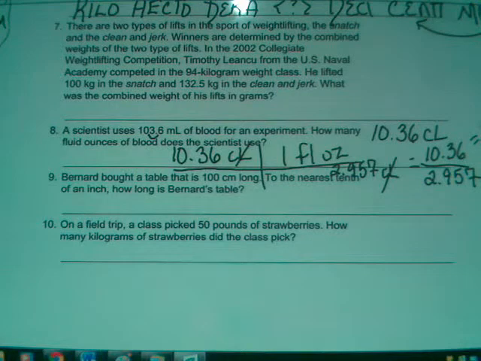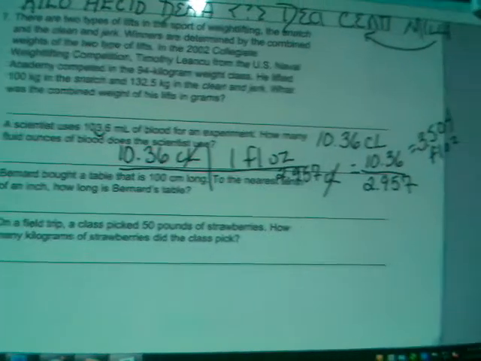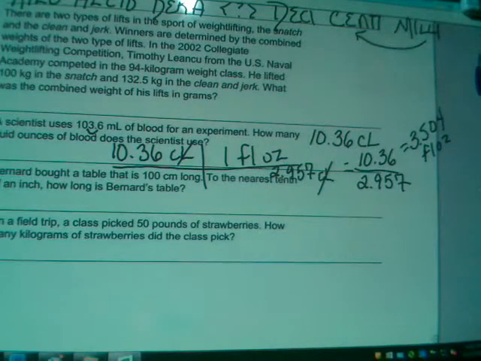We can round a little bit if we want to. I'm going to write 3.504 because I'm going to round, and that's going to be fluid ounces. 3.504 fluid ounces. Again, multiply across the top of the T-chart, then across the bottom, and divide the two.